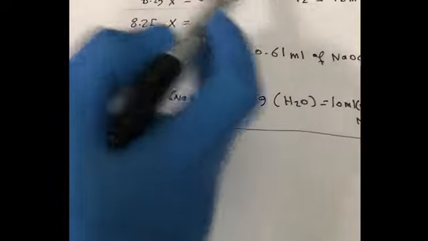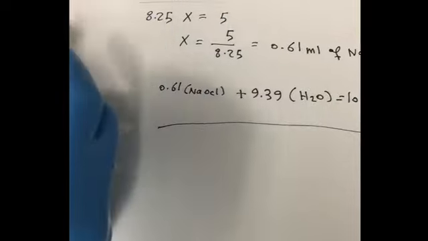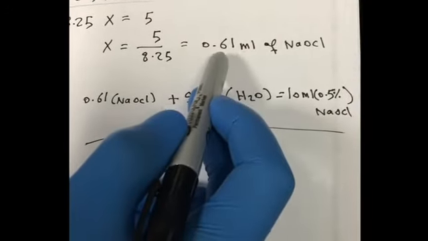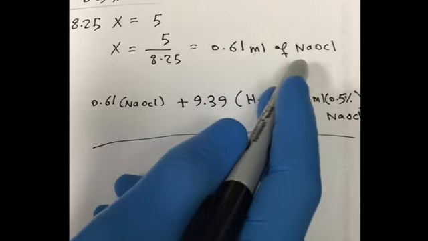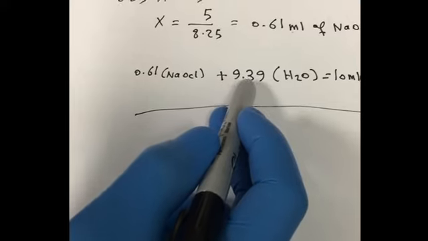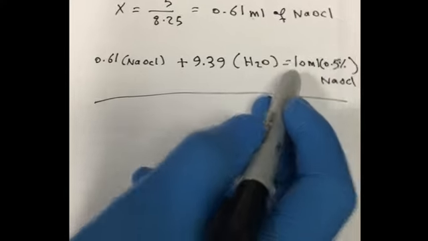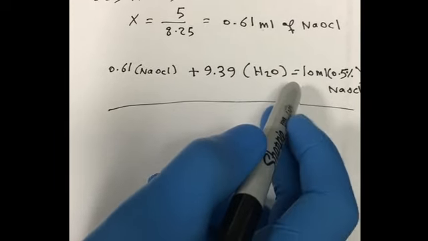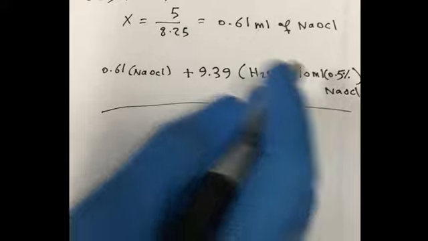We plug all these numbers into this formula, and we get 0.61 ml of sodium hypochlorite plus 9.39 ml of water. We're going to have a final concentration of 0.5% sodium hypochlorite. Okay.